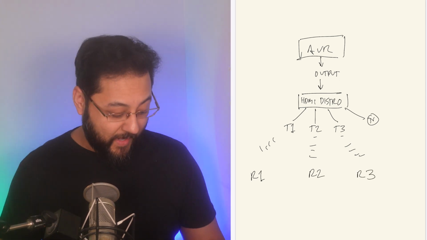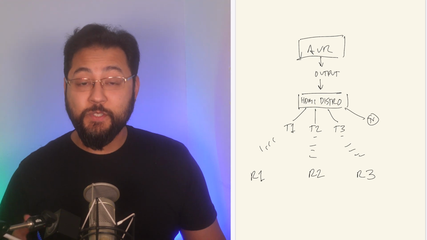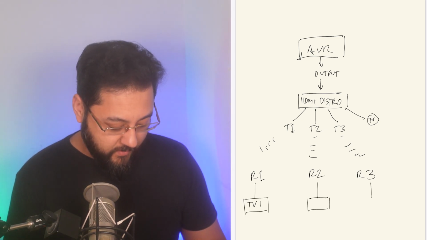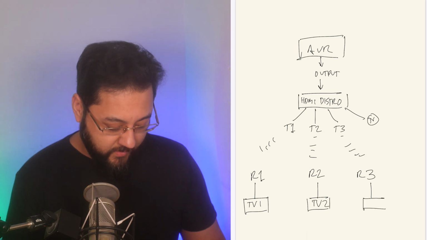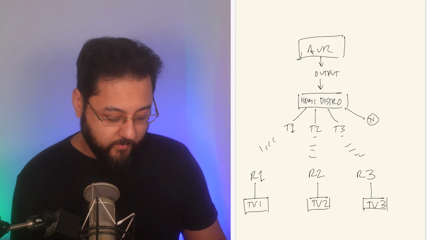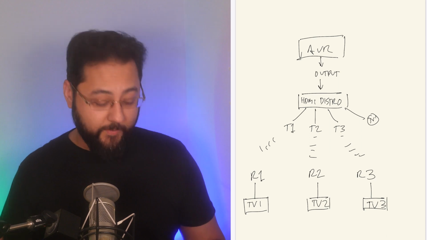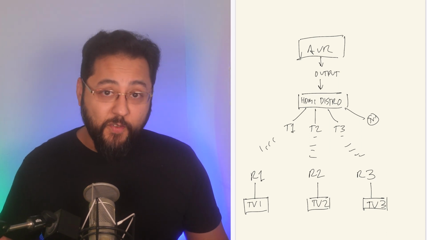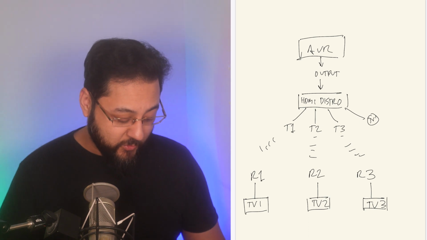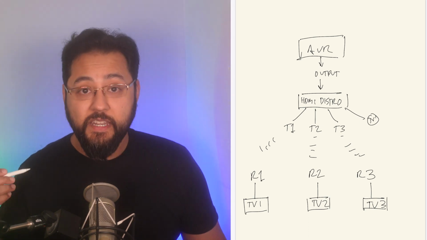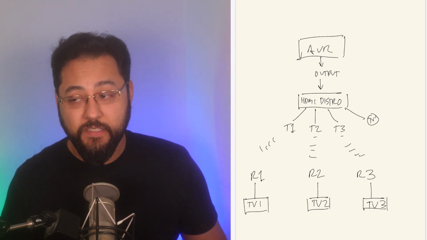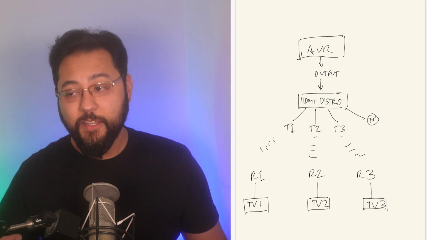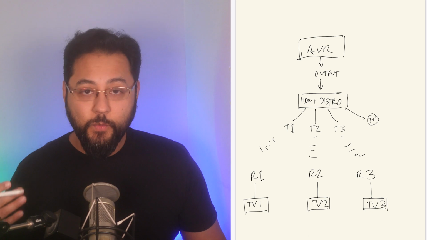Obviously, receivers 1, 2, and 3 need to be attached to something, physically wired. TV 1, TV 2, TV 3. We'll call this one TV Prime because it needs a name. So what we've created is a lot of equipment. We're going to need transmitters, receivers, a distribution hub, and dedicated televisions, or monitors even. That's not exactly ideal.